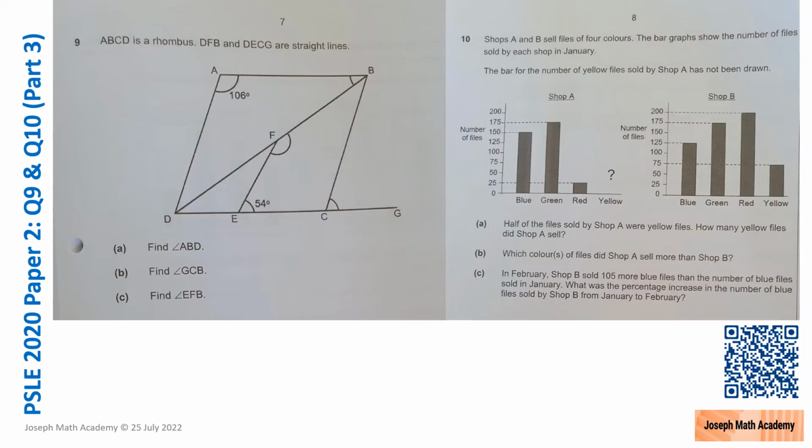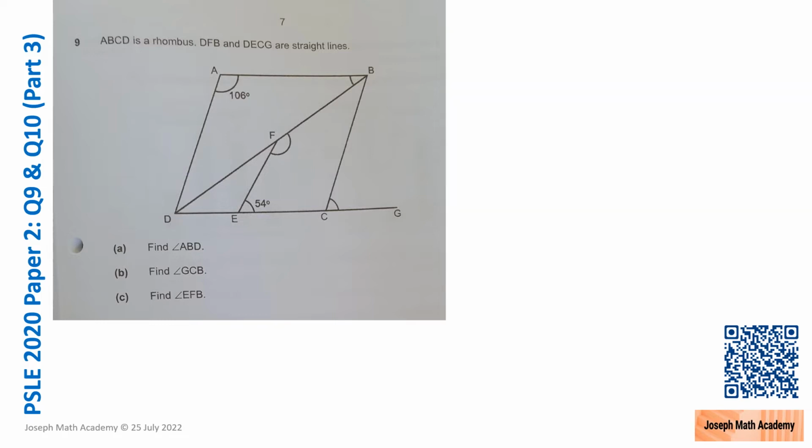Now, these are the two questions that I'm going to do today. Questions 9 and 10. Let's start off doing question 9. Question 9 is a geometry question involving angles within a rhombus. So, we all know that in a rhombus, it has 4 equal sides.